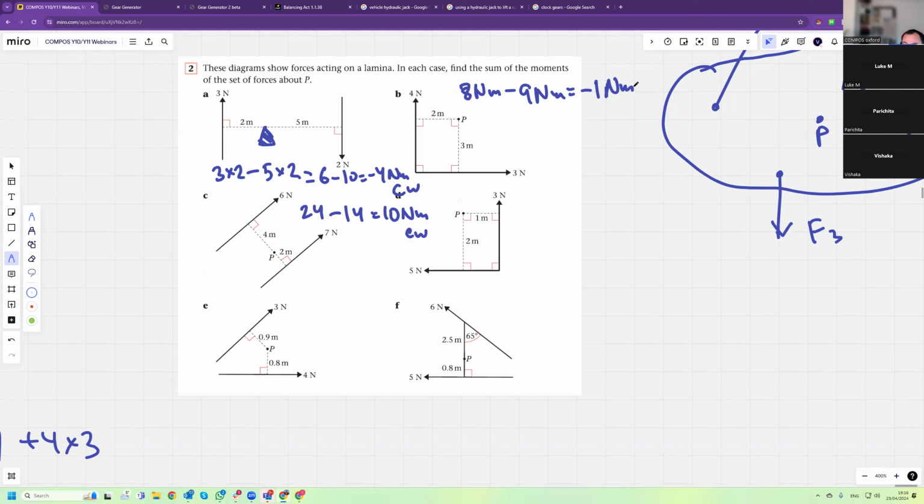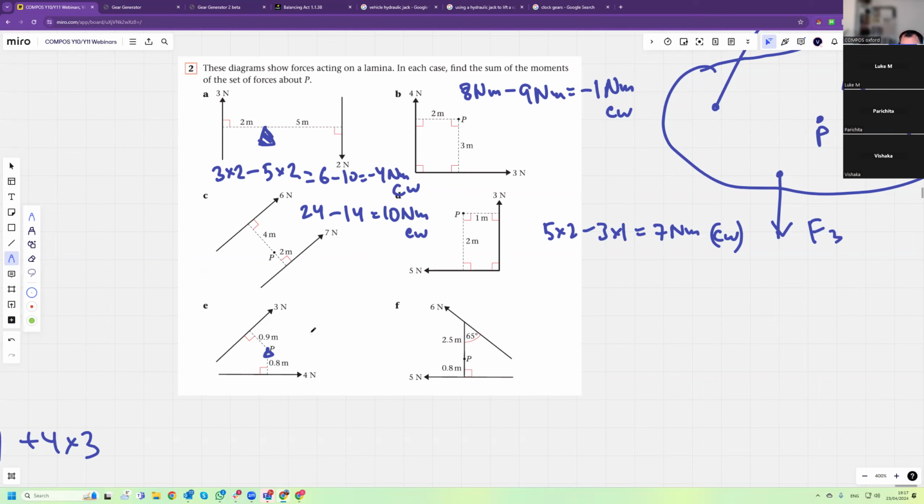Clockwise, clockwise, clockwise. Here we have 5 times 2, pushing clockwise. 5 times 2 minus 3 times 1, which is 7 Newton meters, clockwise, of course. Now here, the same thing. You have the pivot and the distances 0.8, 0.9.